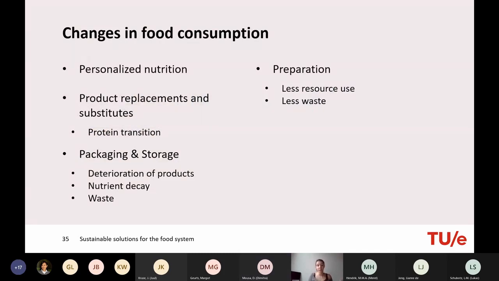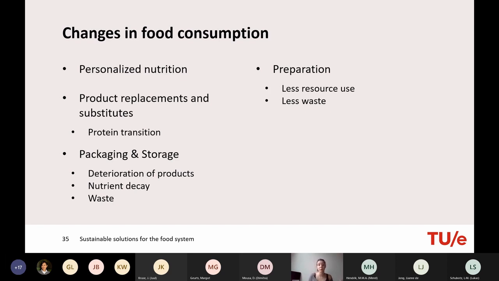With regards to food consumption, there are also a number of changes happening, such as personalized nutrition. We're recognizing more and more that people have different dietary and nutritional requirements, and we can now fine-tune these things more towards the individual.